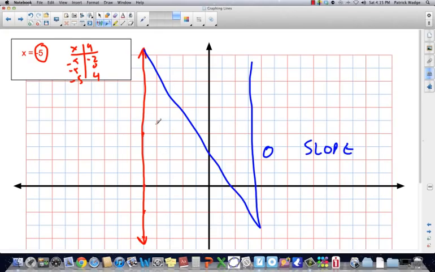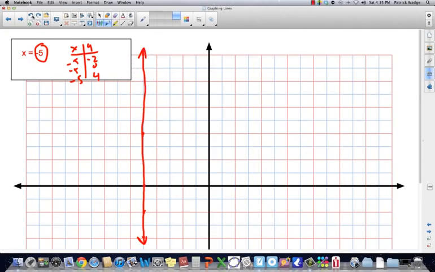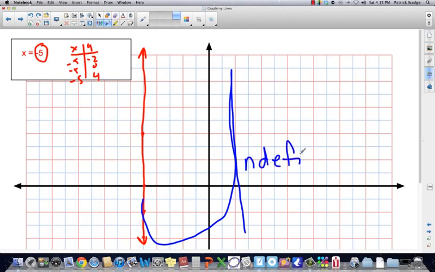So that's one way you can think of a vertical line, is that it has no slope. Or you could also turn it into a U, kind of. It's not quite as nice, but you could turn it into a U for undefined. It has an undefined slope. Undefined slope and no slope are the same thing. Okay? But the important thing is if you have x equals constant, it's vertical like that.